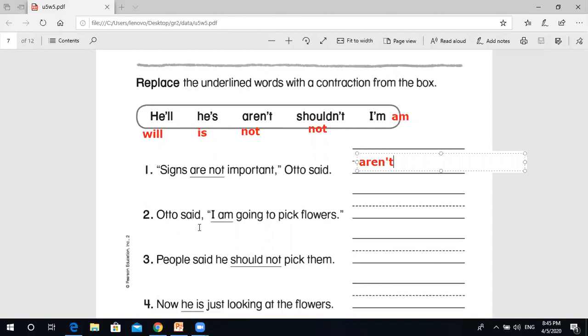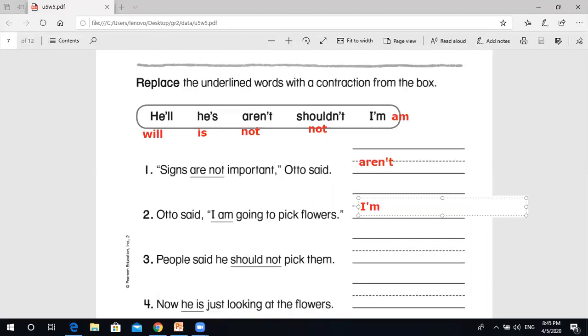Here, Otto said, I am going to pick flowers. I'm going to pick flowers. But always write the pronoun I with a capital letter.